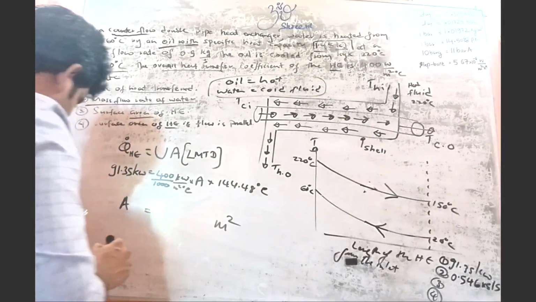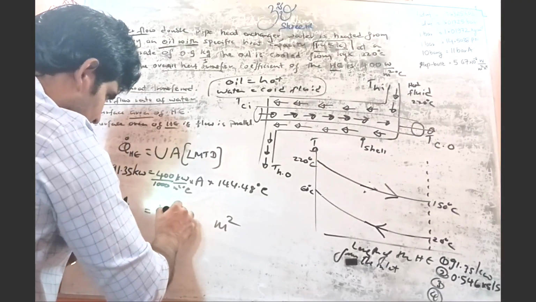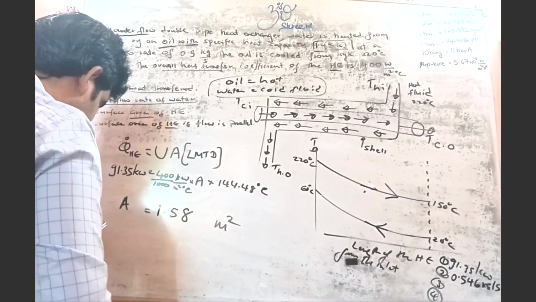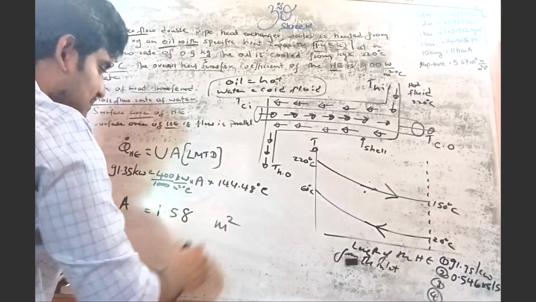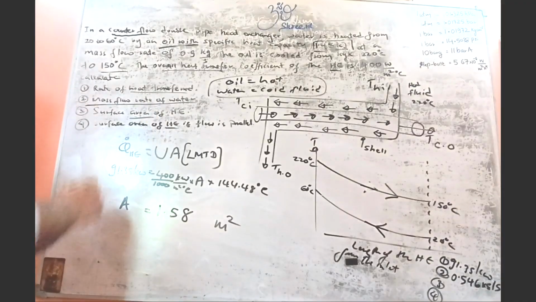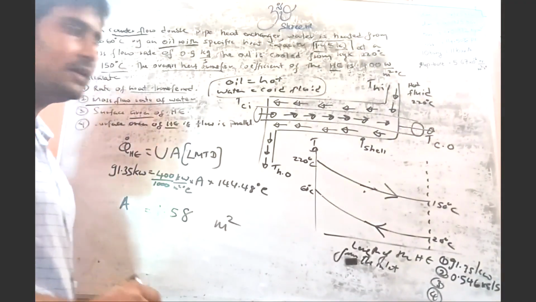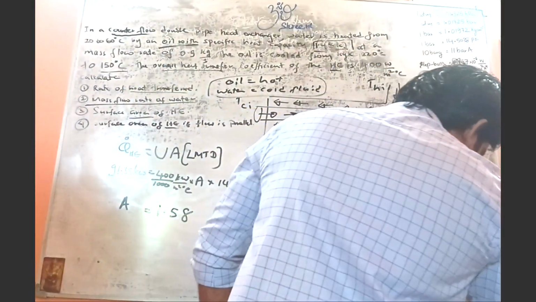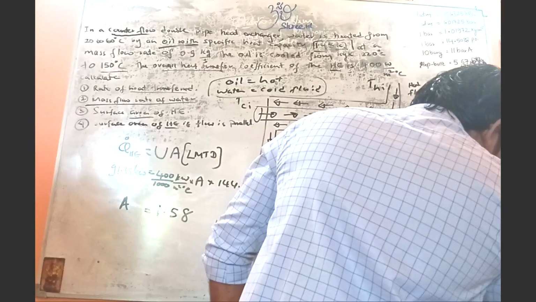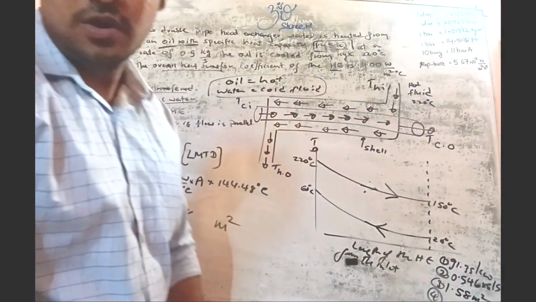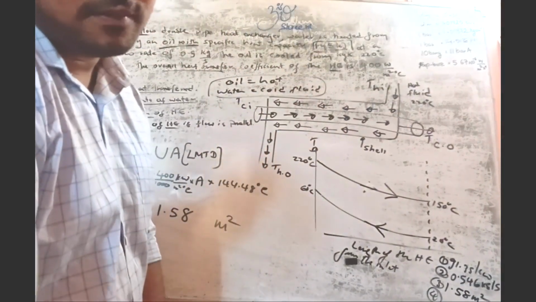So the area I am getting is 1.58 meter square. So the surface area of the heat exchanger is 1.58 meter square.